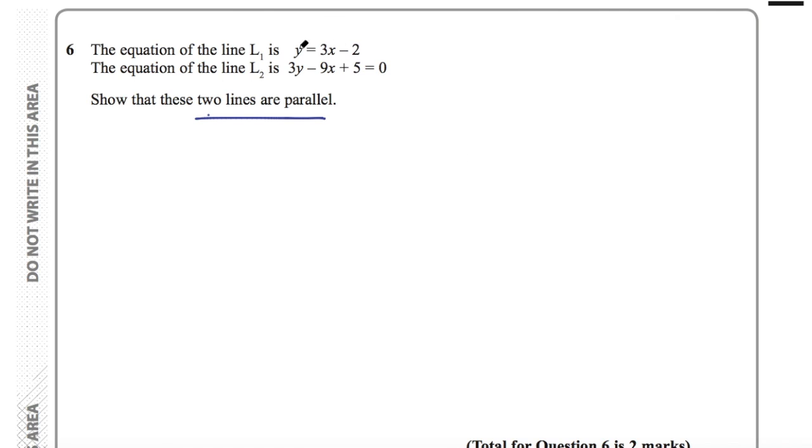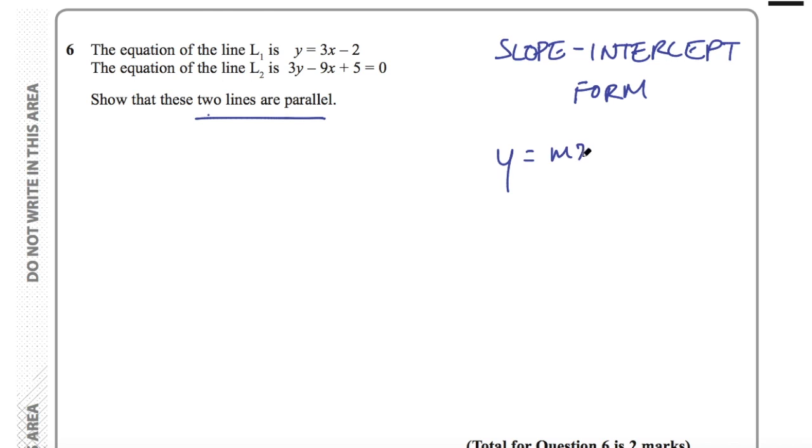Now, we've got one line in the slope-intercept form, and what the slope-intercept form tells you is essentially you can read straight off of it what the slope is and what the y-intercept is. So it'll look like this: y equals mx plus c, where m is the gradient and c is the y-intercept.